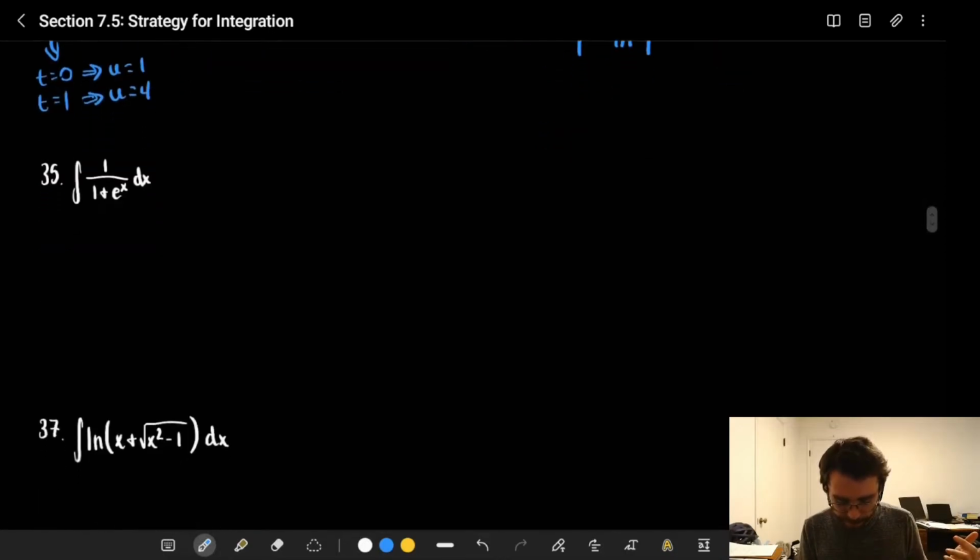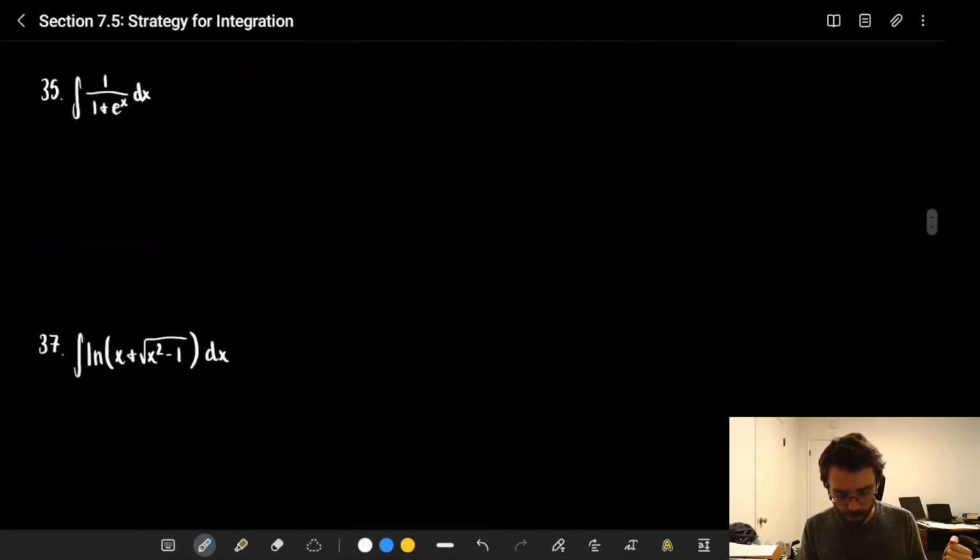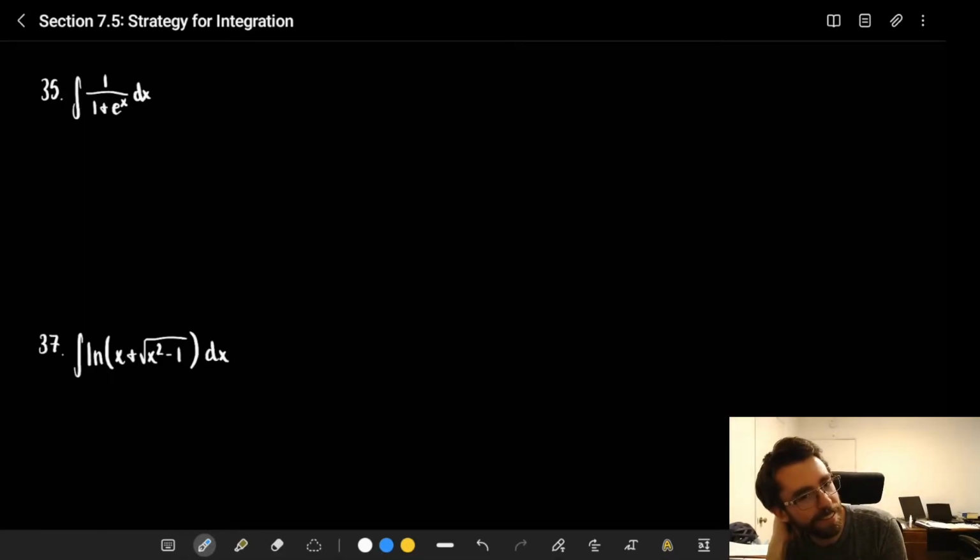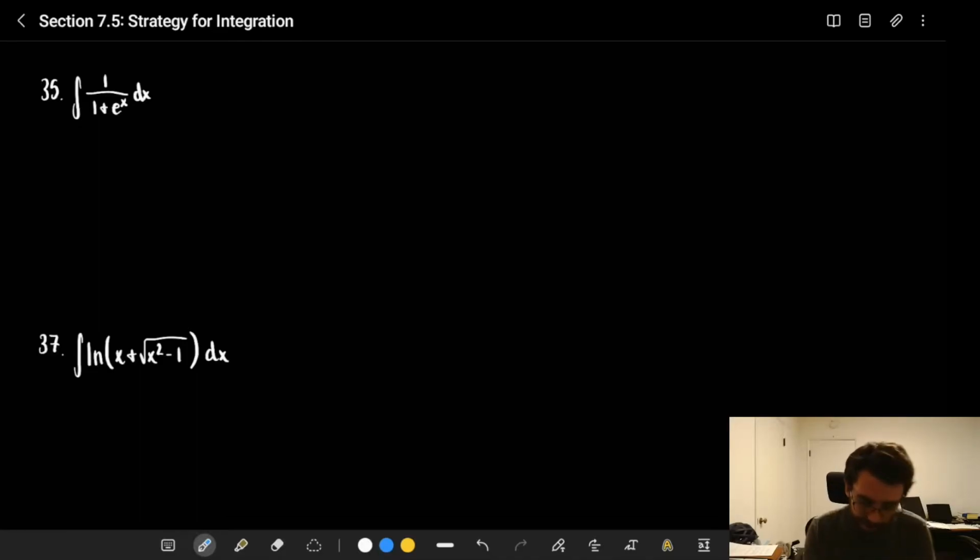Number 35. Well, that looks like a problem. That does look like a problem. I don't like that. I would like it if it was like... Is this one where I can multiply by... Can I do like the conjugate trick?